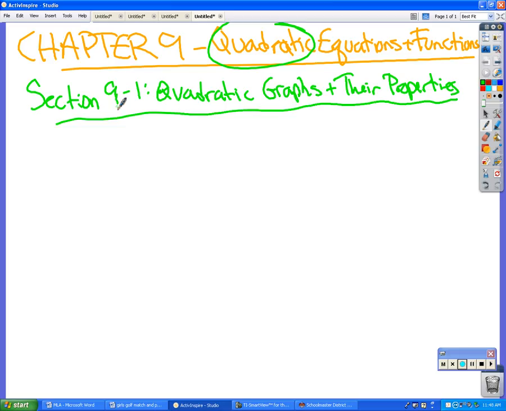So like we talked about in the last chapter, a quadratic function looks like this. Okay? So this is the general form of a quadratic function. And we've already talked about in this class the general form of a different kind of function, which I'm sure you will all remember. Y equals mx plus b.